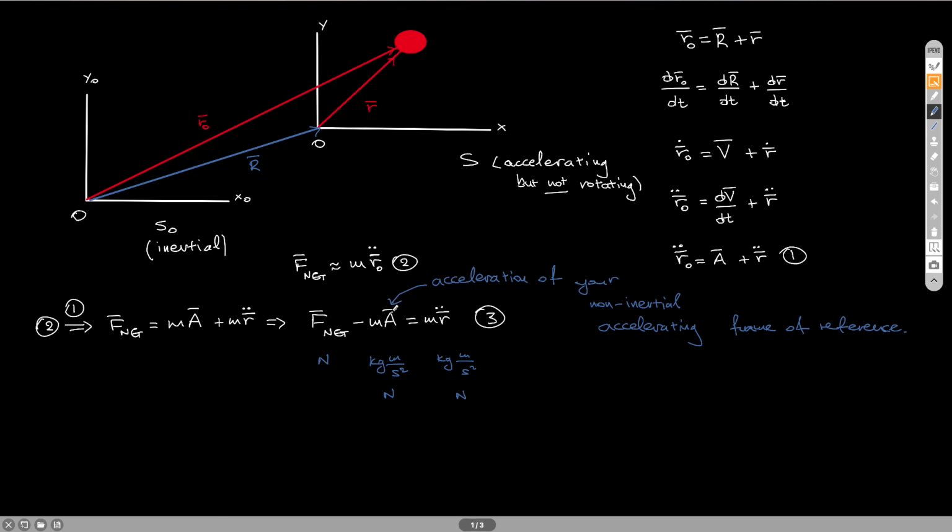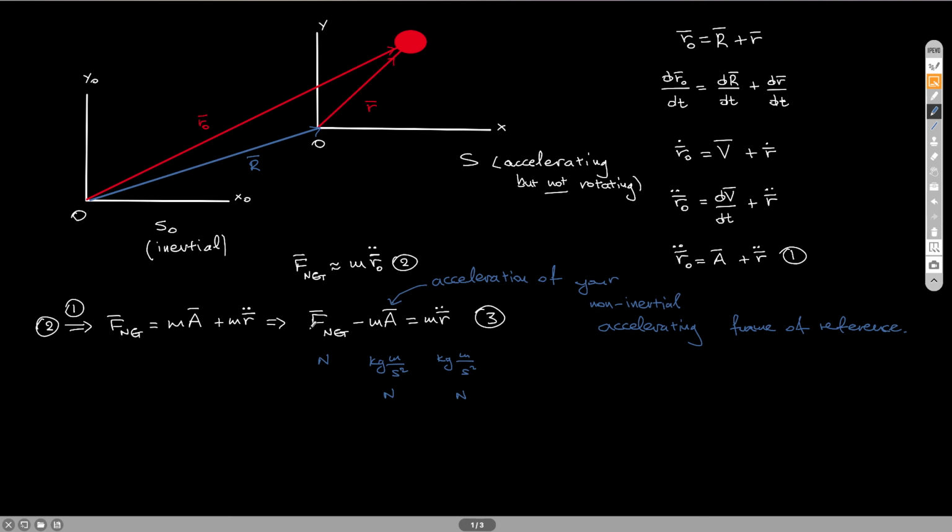So you need to know the acceleration of your non-inertial frame of reference, and you take it into account by including it on the side of Newton's second law with the net force, and this will allow you to predict the motion with respect to your non-inertial frame of reference.